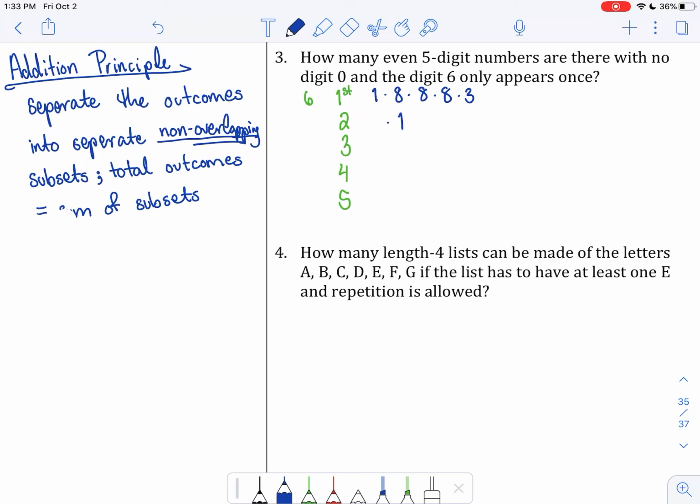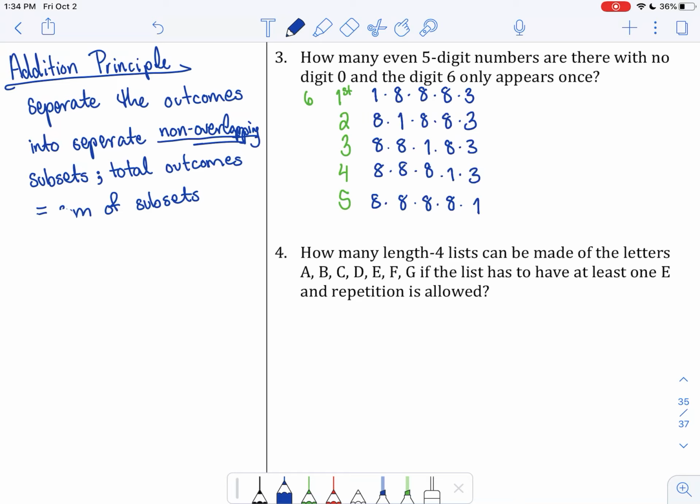And then again, the first can't be 0, and it can't be 6. So again, 8, 8, 8, and 3. So the next ones will follow the pattern pretty closely as what we've laid out. And this is why it's really important to think about them separately, because this final one does not have it. The last one has got to be 6, and then the others are all 8.